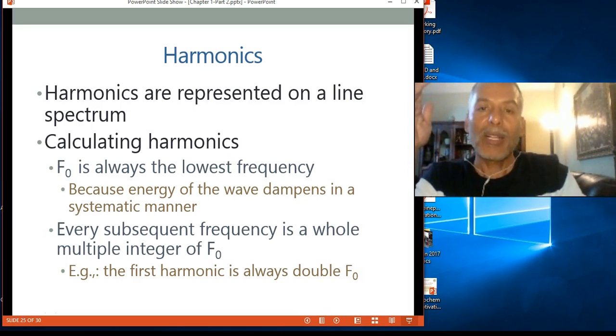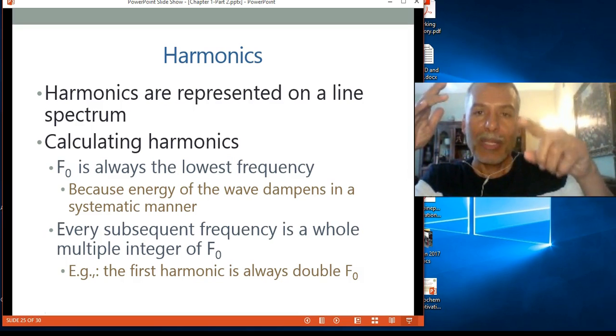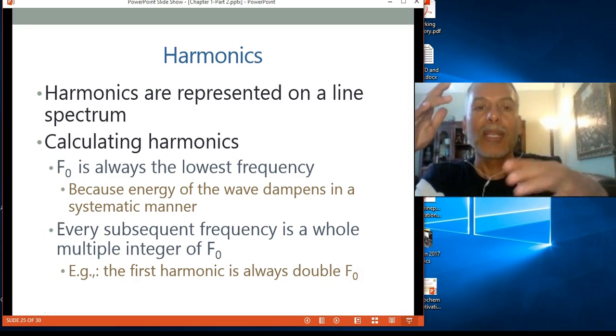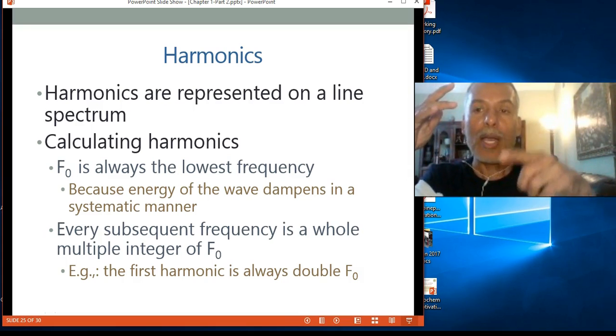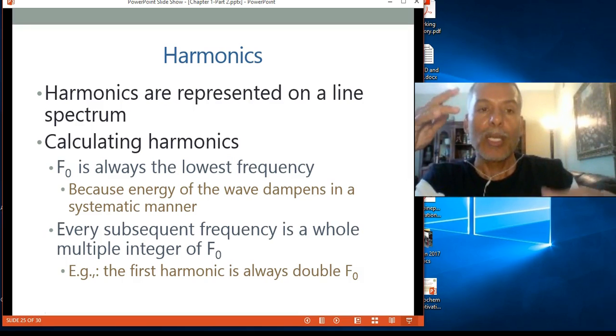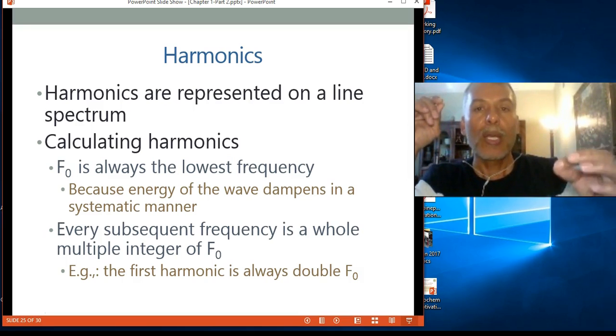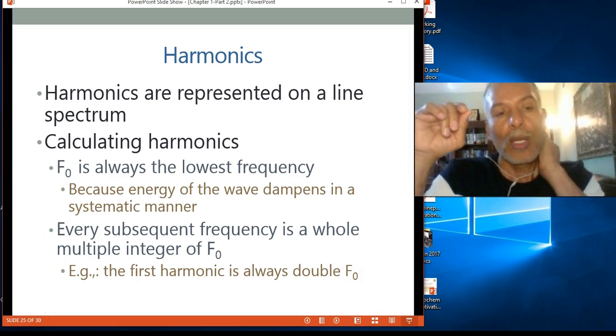And as a result, friction and other things are going to decrease that amount of energy. As it decreases, the vibrations are going to be less and less loud. However, they will be higher and higher in frequency, because higher frequency sounds are softer and softer.